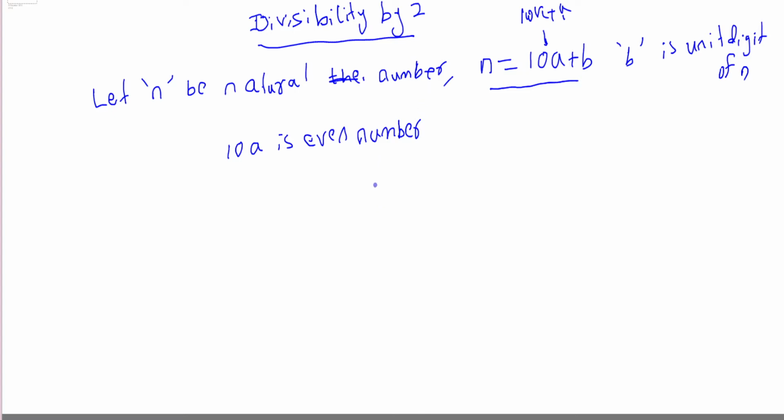Then what we want is b, the unit digit. Then when is 10a plus b divisible by 2? If n is even, there are two things.